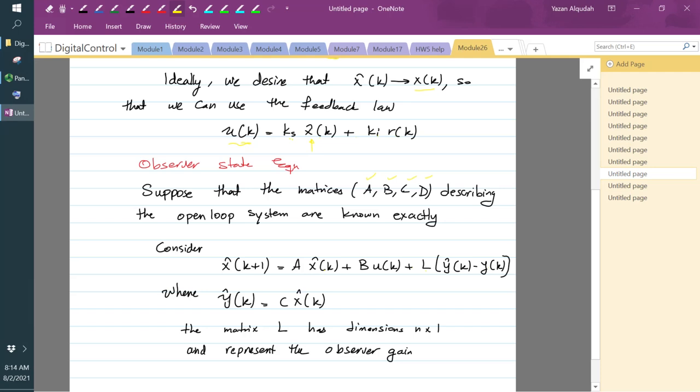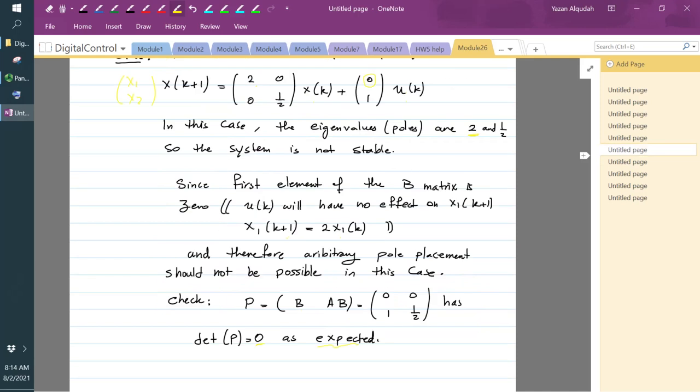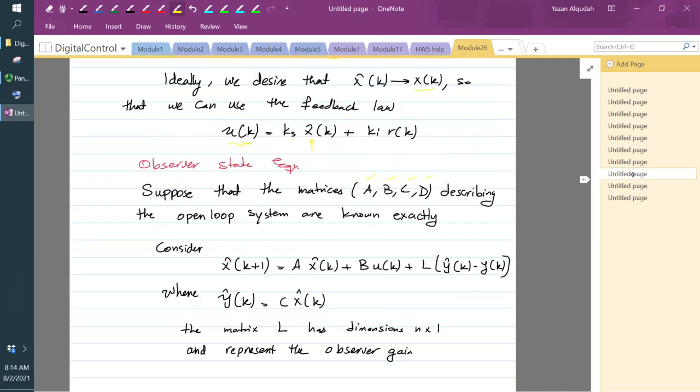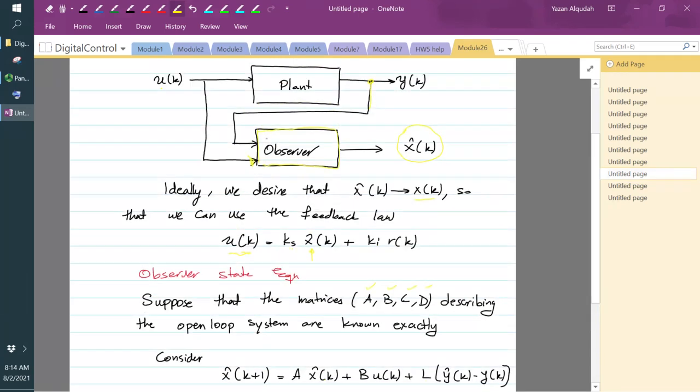And y tilde is just equal to C multiplied by x tilde. So what we're doing here is we have this observer. This observer is going to generate y tilde.